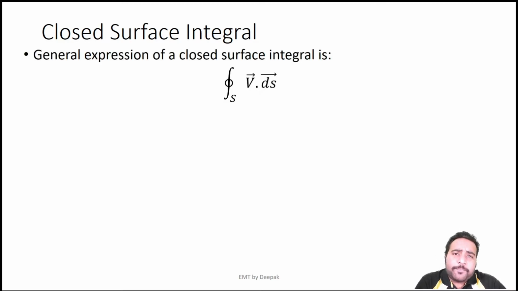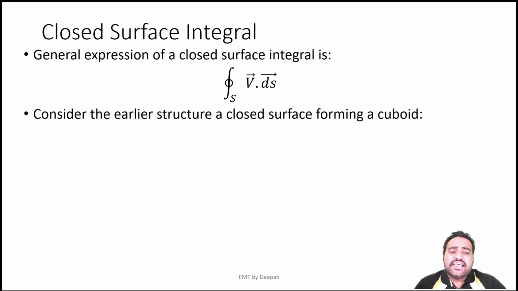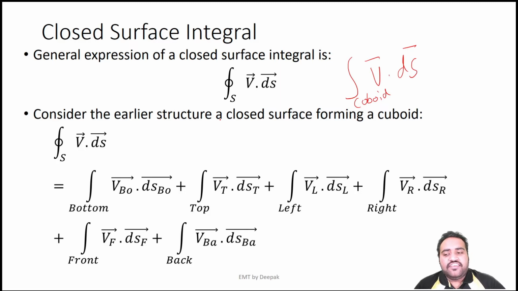To illustrate my point, let us consider the cuboid which we have seen. The closed surface integral of V bar dot ds bar over a cuboid will be equal to the sum of 6 different surface integrals, over the 6 different surfaces.